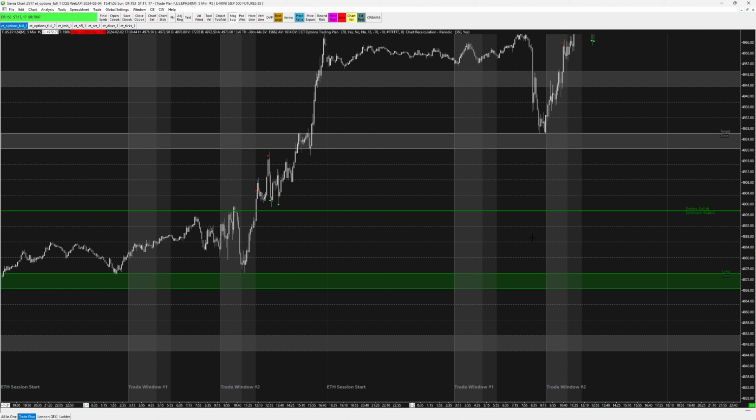And what is important, this study, the ET trading plan, is not something that changes during the session. It changes only once, about 2 to 4 hours after the RTH close.